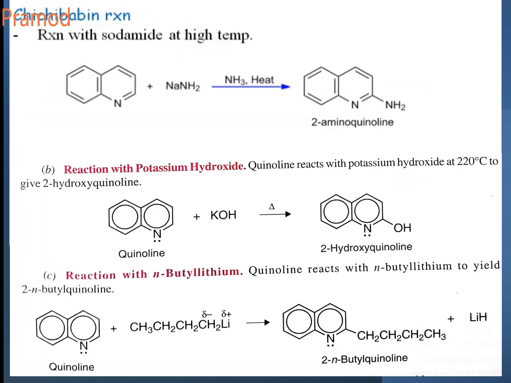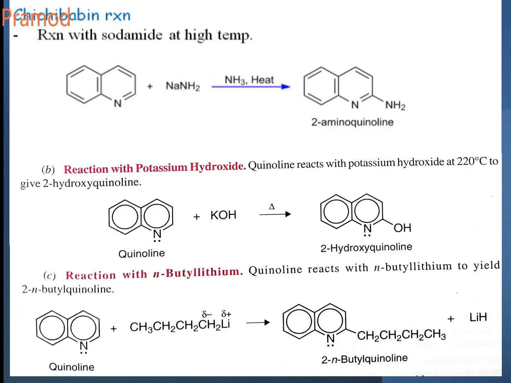It also undergoes nucleophilic substitution, like the Chichibabin reaction. In the case of quinoline, it undergoes nucleophilic substitution at the 2nd position, similar to pyridine, to give 2-aminoquinoline. With KOH, when you heat it at high temperature, it will form 2-hydroxyquinoline, and similarly with butyllithium it will give 2-n-butylquinoline.